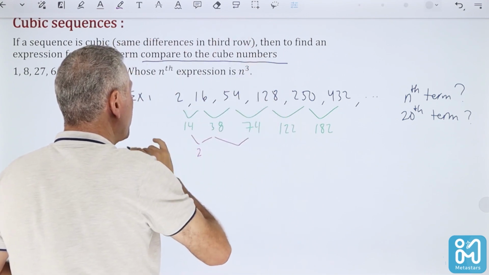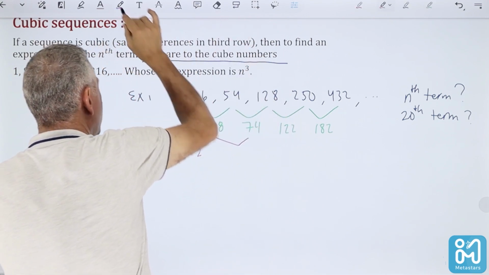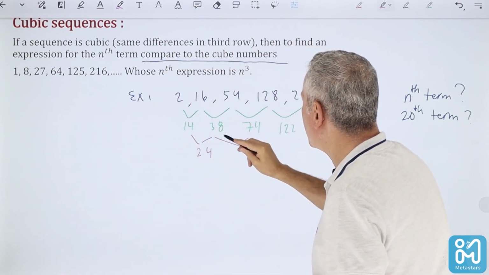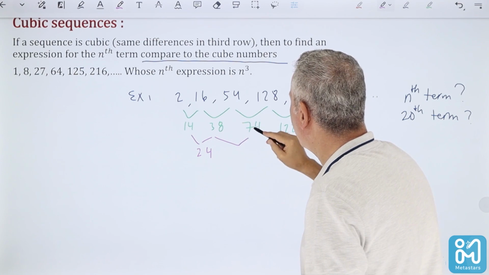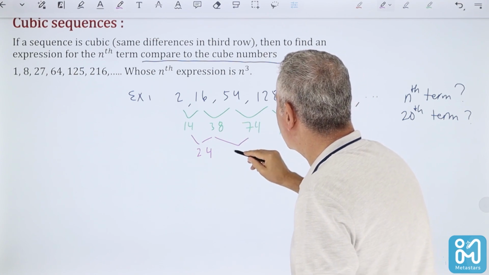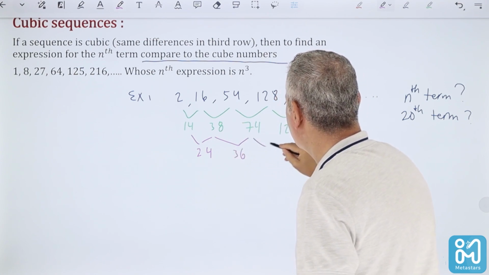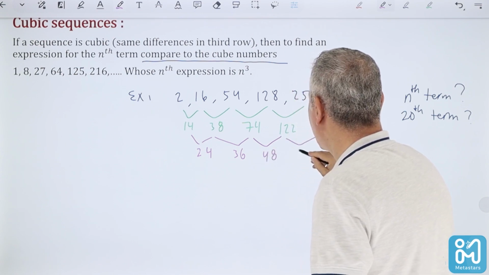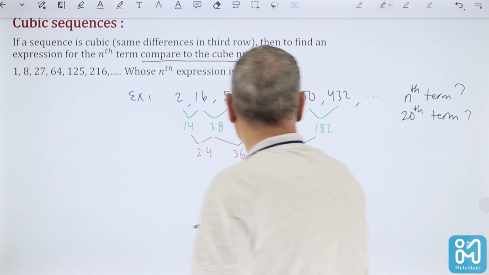Thank you if you have fixed this by yourself. 24. And then we have here 38 to 74, we have 36. That is 48 right here, and that is 60. The differences are correct? Yes.